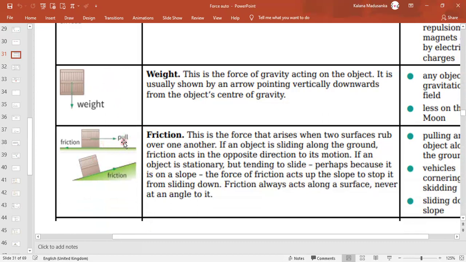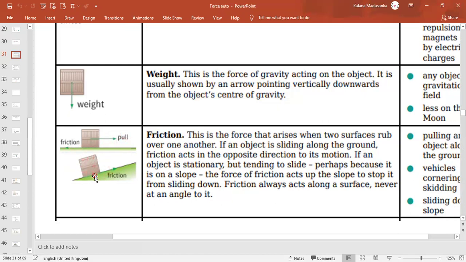It is a force that arises when two surfaces rub over one another. For example, you can see it with this ground and this object. This is the surface. They are rubbing on top of each other, and the friction force is always applied in the opposite direction of the force. If the force is in this direction, then friction is in the other direction.